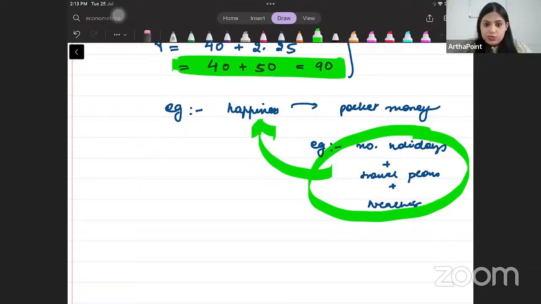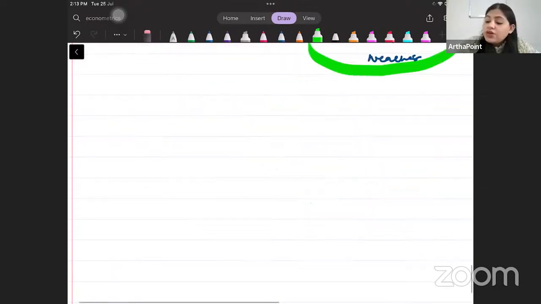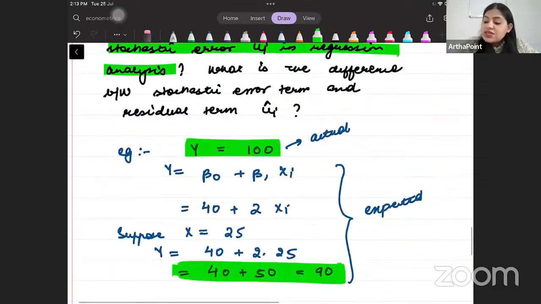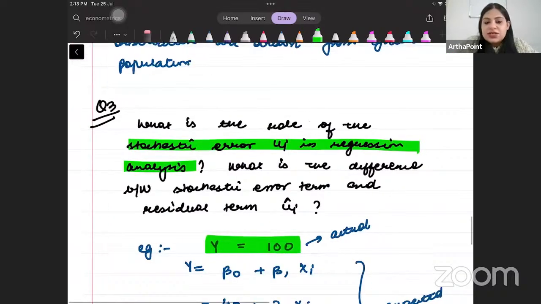Those values which you cannot interpret in your model can be captured through this stochastic error term: this is the part which I'm not able to interpret. So this is what the question is asking: what is the role of the stochastic disturbance term?